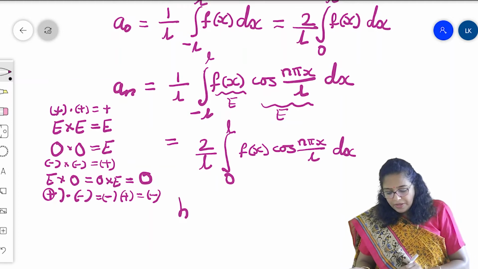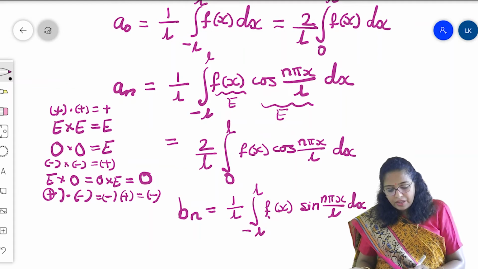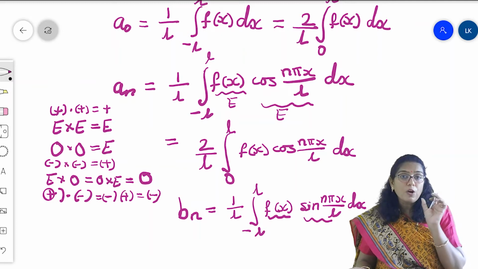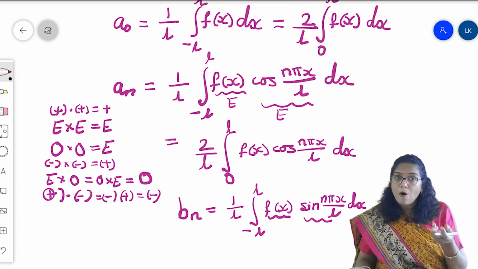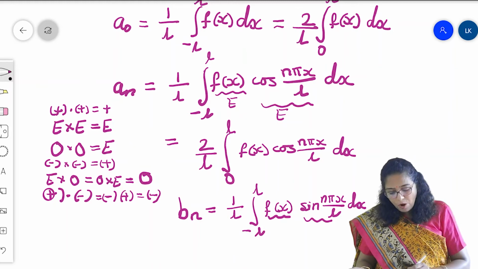What about bn? bn is 1 upon L integral from minus L to L of f(x) sin(n pi x upon L) dx. f(x) is even, sin is odd. The product of even and odd is always odd. Therefore, the value of this integral is 0.